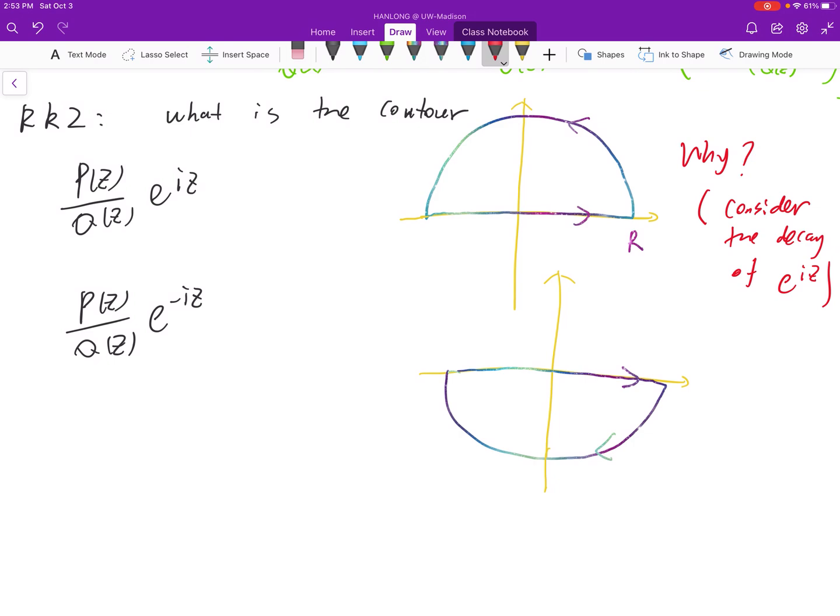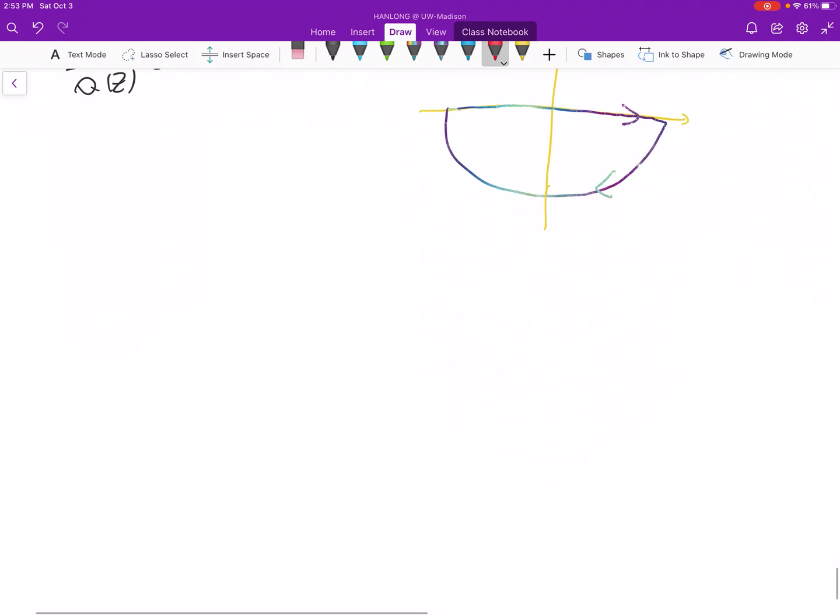Here y is a positive number. So let me see. If y is positive, then exponential negative i y is exponential y, which goes to infinity when y goes to infinity.